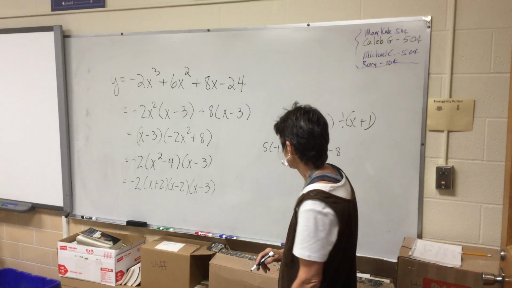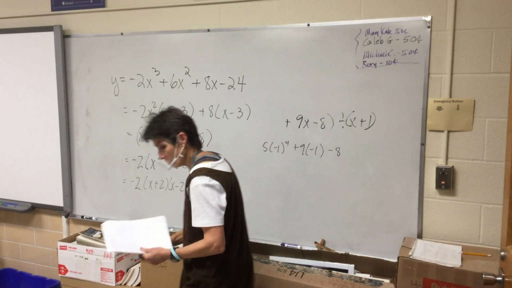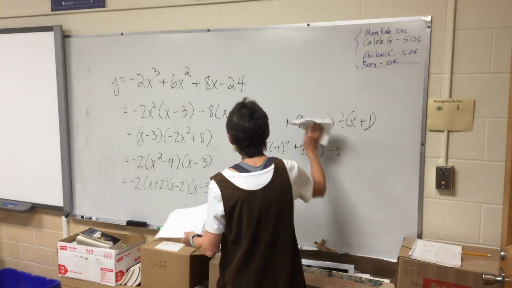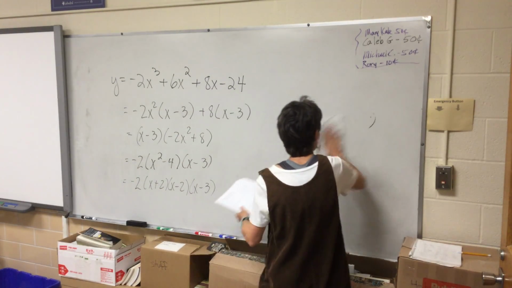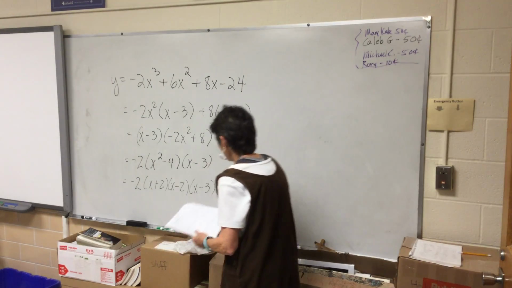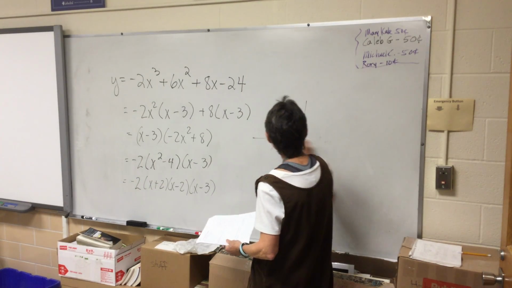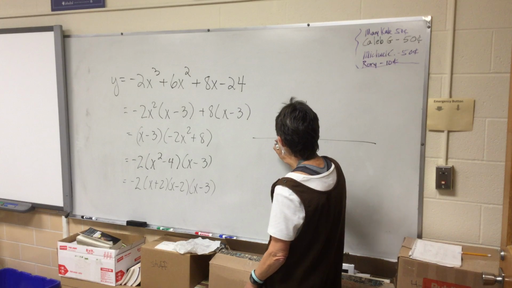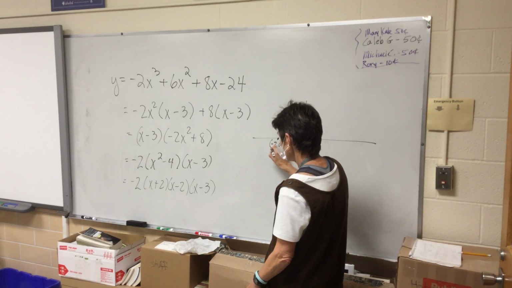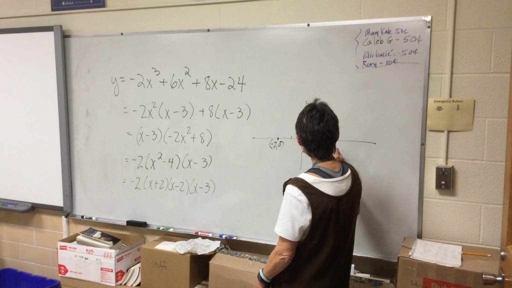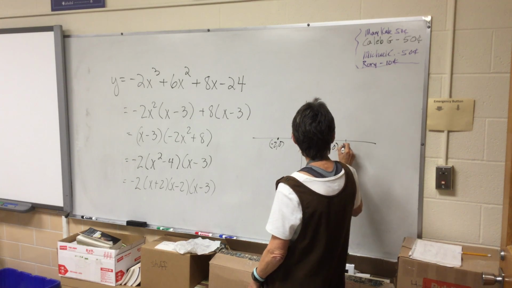Okay? All right, so now you're ready to graph it. It's all completely factored. So hopefully you put some x-intercepts on your curve at -2 and 2 and 3.